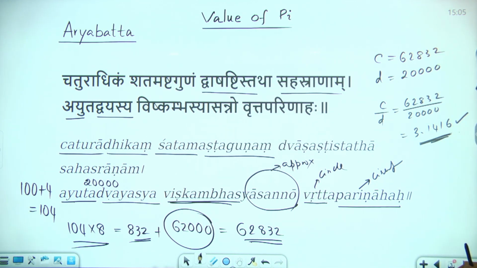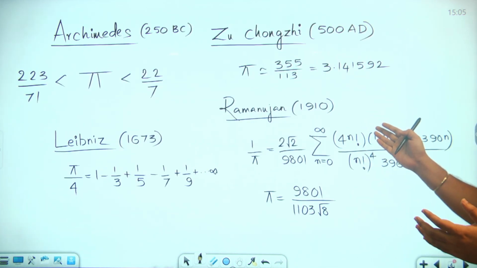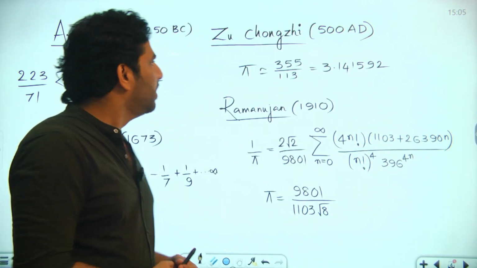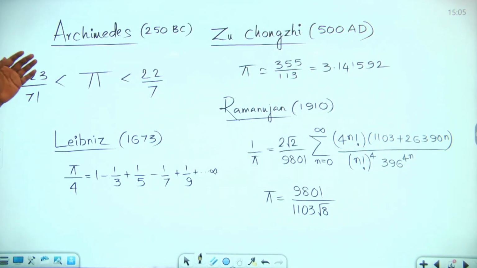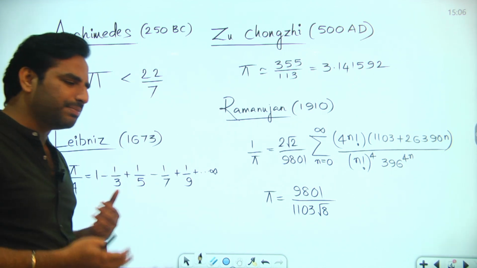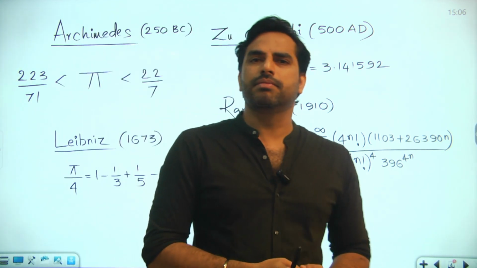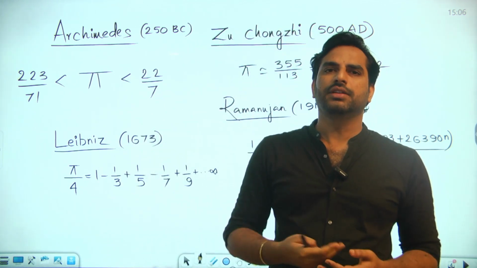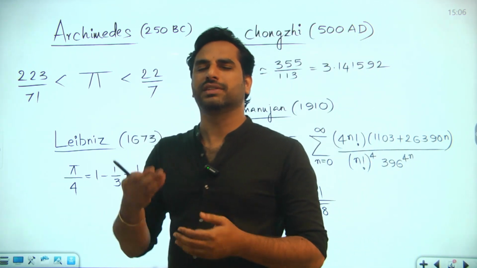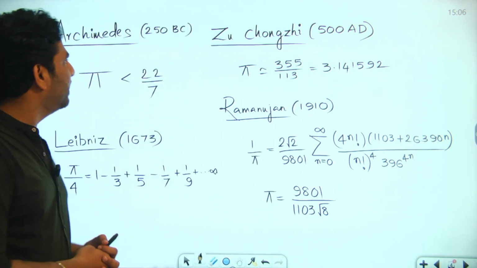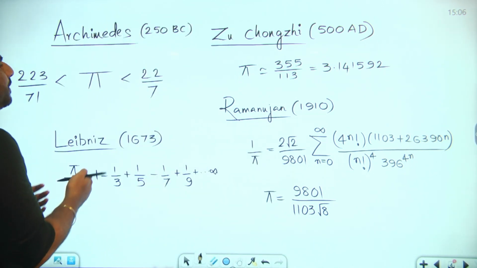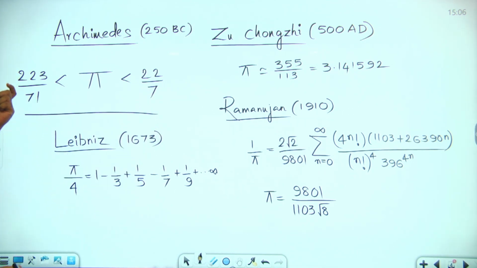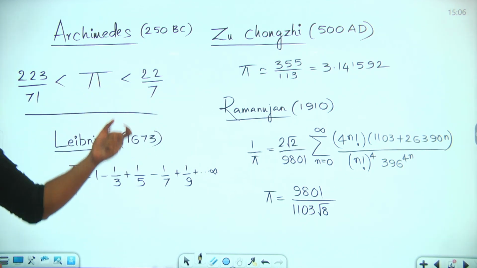And let us also look at other mathematicians who talked about the value of pi. So initially it started with Archimedes. Pi has always been a thing of research since the beginning. Egyptians and Babylonians, they have worked extensively on pi. So it is Archimedes who gave the approximate value of pi. It is lying between 223 by 71 to 22 by 7.